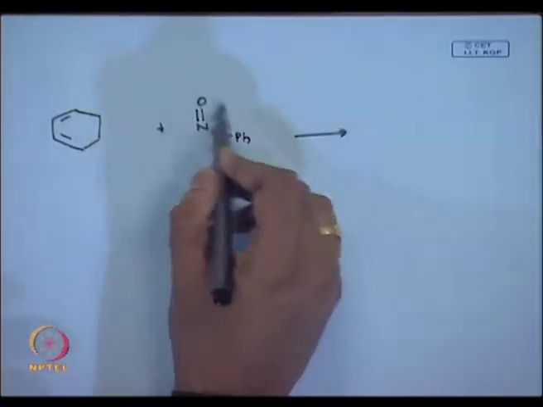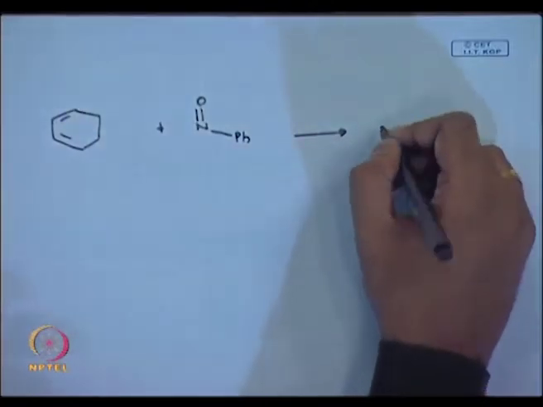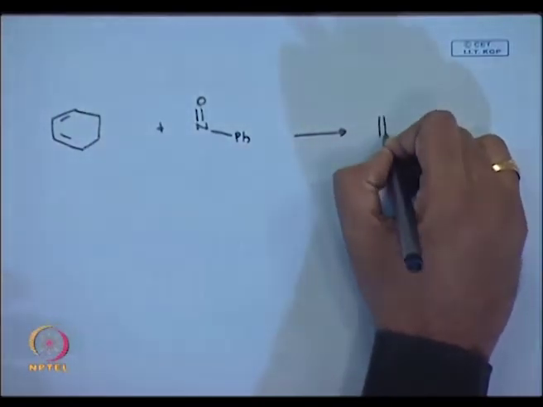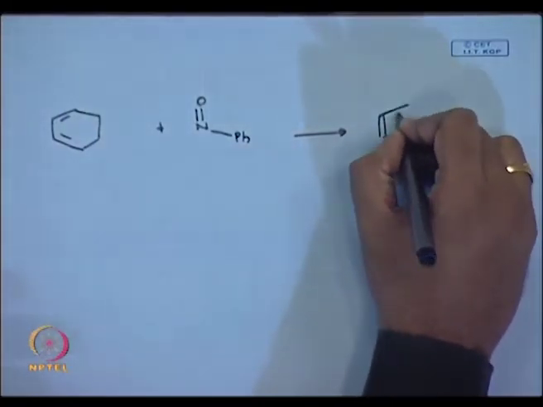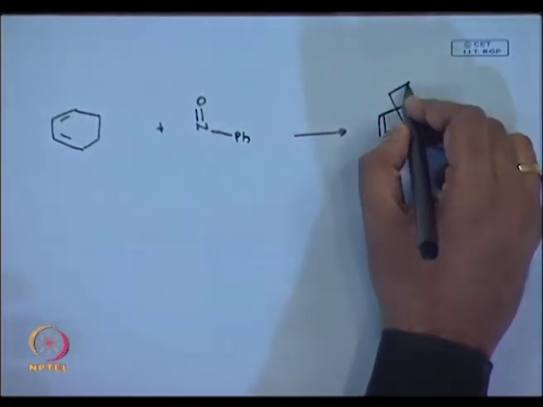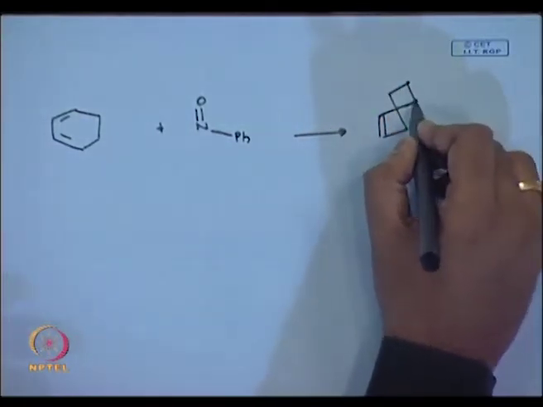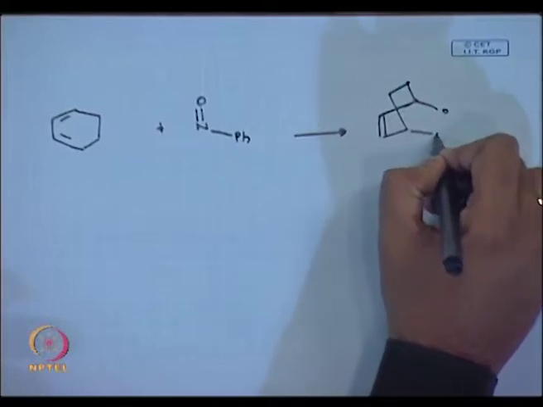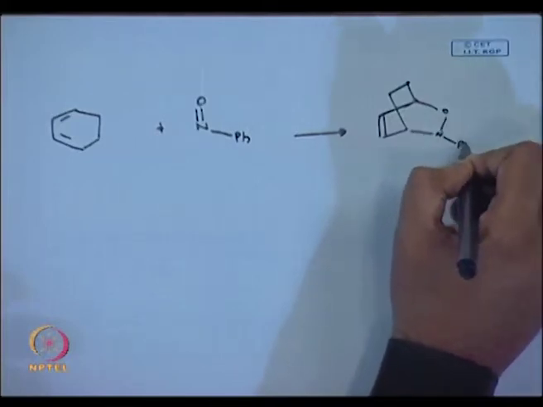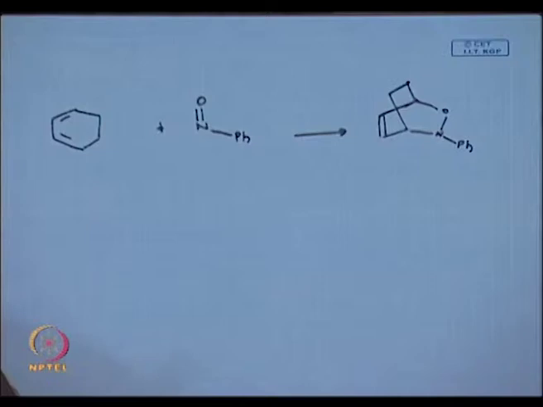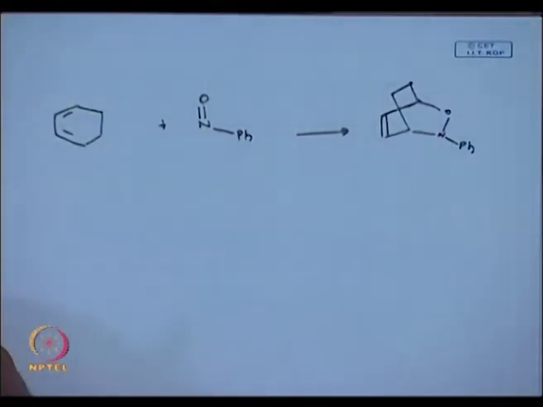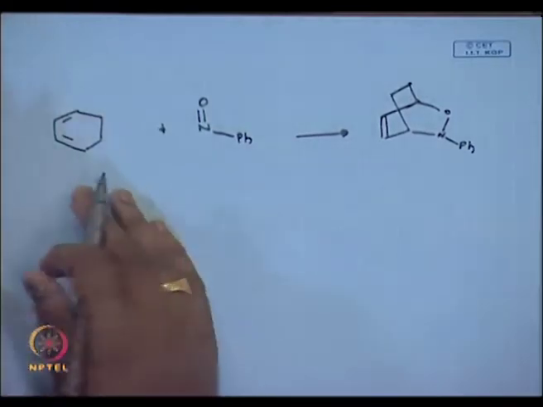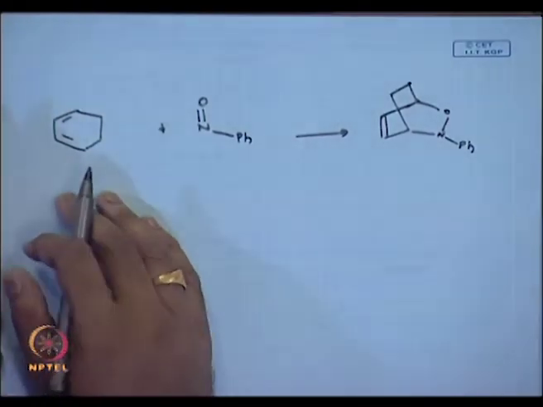This will be your dienophile and diene, so you can look for this type of product. I can have my heteroatom on the other side, on the diene side, that I can also take.